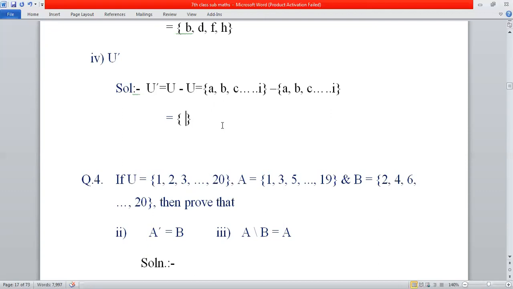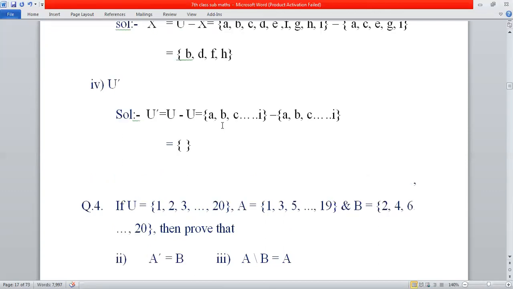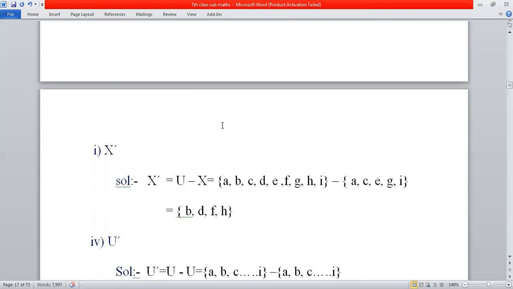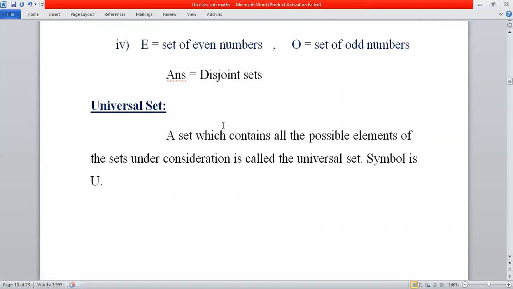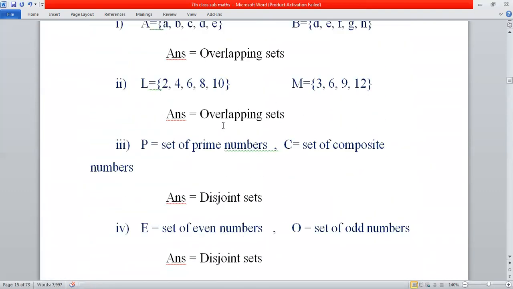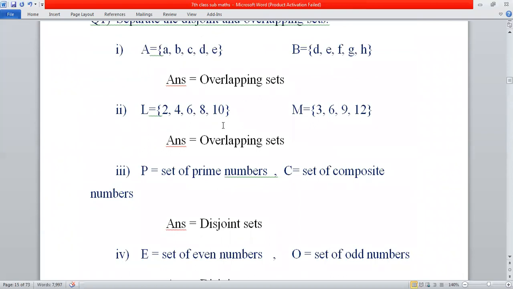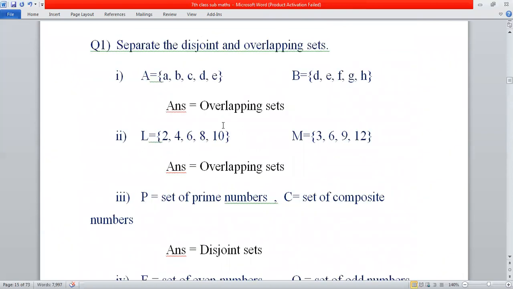Before going to question number 4, I think you should first revise these things: what is overlapping and what is disjoint. In today's lesson we studied three different concepts: one is overlapping sets, second is disjoint sets, and the third one is the complement. In overlapping sets, if you have two sets and any elements are common in these two sets, they are overlapping sets, but they should not be subsets of each other.